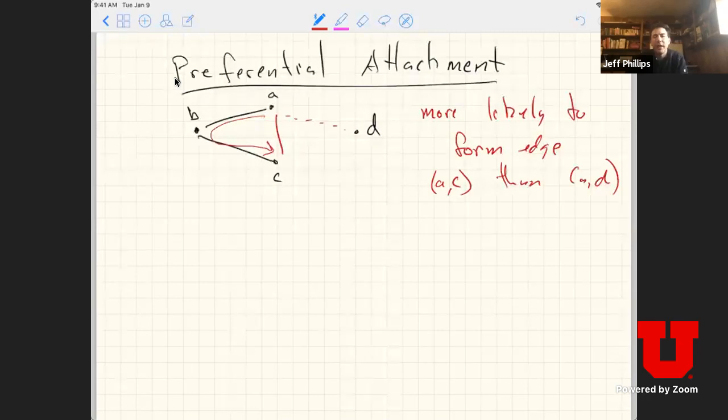There have been these newer models, and there are a variety of them, of what large random graphs look like, and they looked at these densifying features based on preferential attachment, and figured out how to generate large random graphs that have these properties.